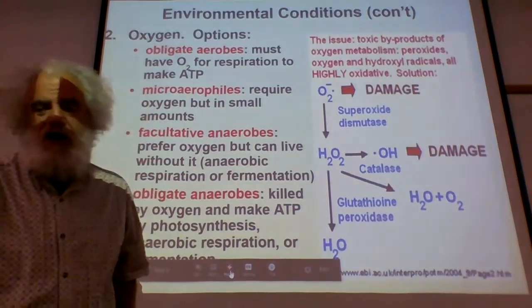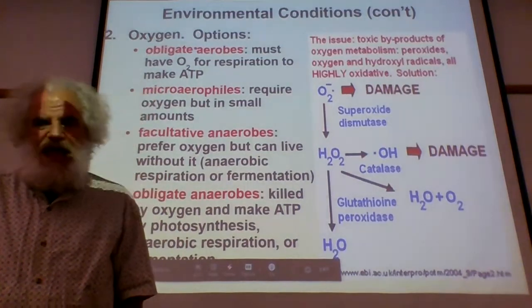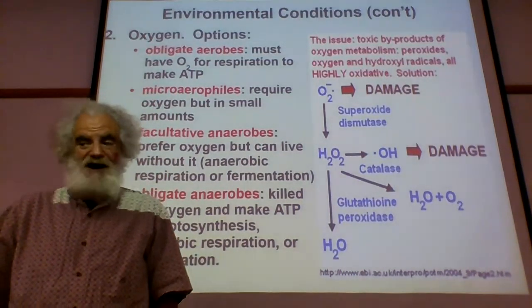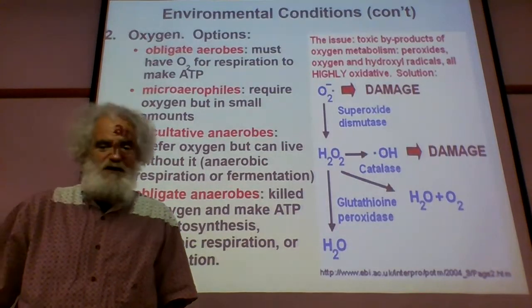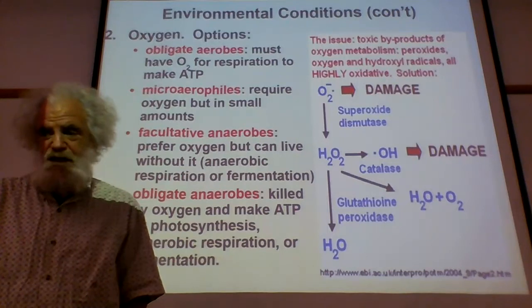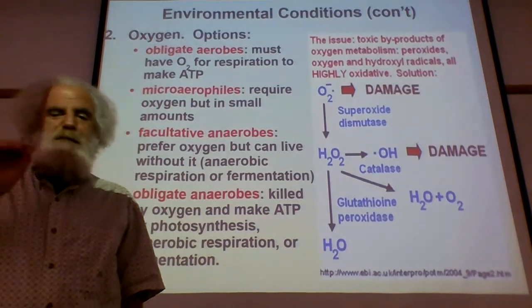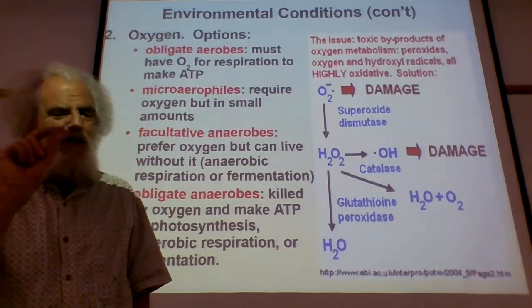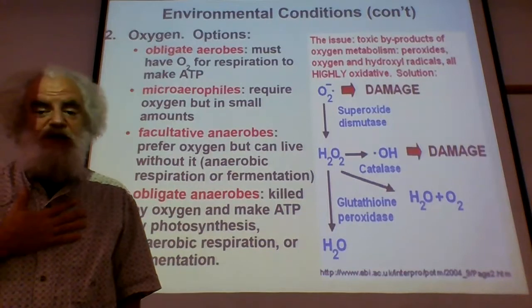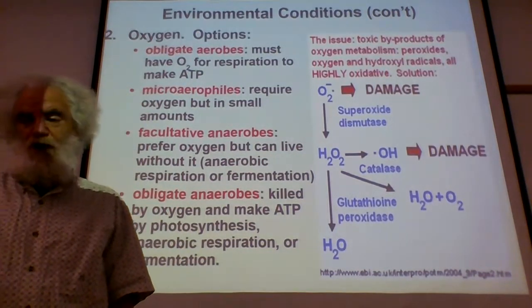First, there are organisms that are referred to as being obligate aerobes. And an obligate aerobe, it is obligated. It's got to have oxygen. So you have to have oxygen around in order to carry out cellular respiration and to generate ATP. There are bacteria that we think of as microaerophiles. They require oxygen, but in really very small amounts, much less than we do, and much less than an obligate aerobe would require.